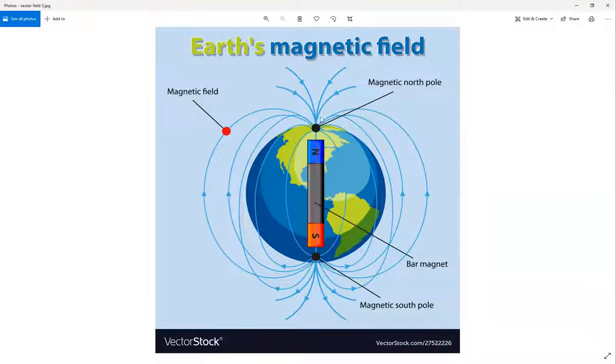Again, we can define a vector function that describes this behavior. So as you can see here, you have a collection, a set of vectors that form a vector field.